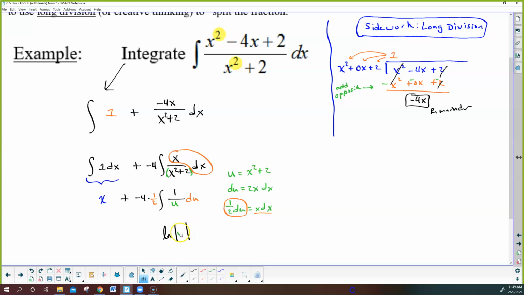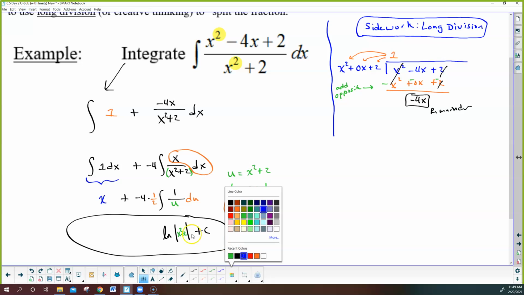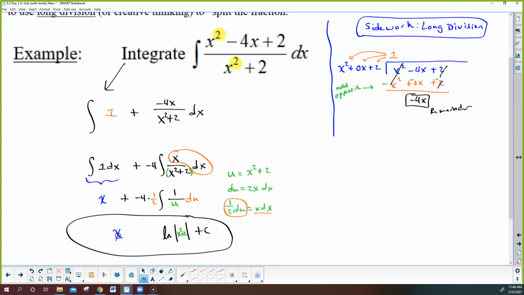So we might as well just replace it right away. And then I just got to make sure everything else is included. The x drops down. And then I've got -4 and -4 and 1/2 being multiplied together, so that'll just be a -2. And there's my final answer.